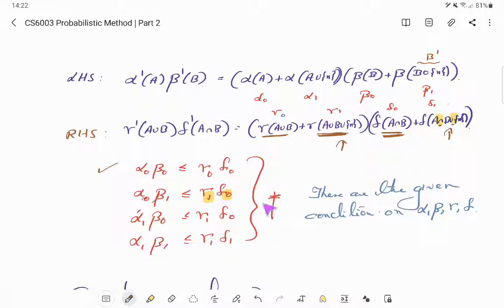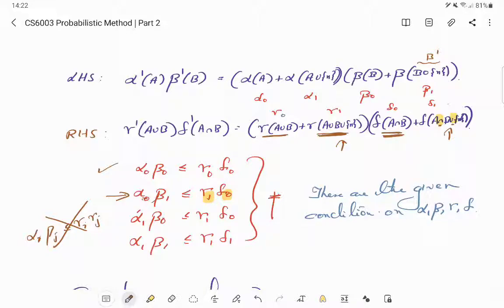So stare at these four inequalities for some time. It's very easy to make a careless mistake here, because you may be tempted to write alpha i beta j less than or equal to gamma i delta j. This is wrong, at least for this case. Other cases kind of follow it, but this case it is wrong.